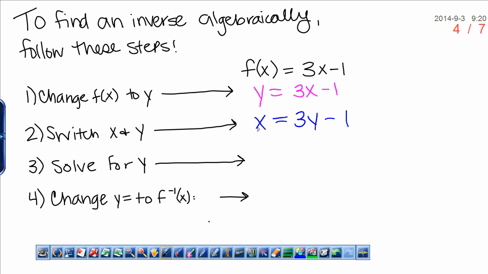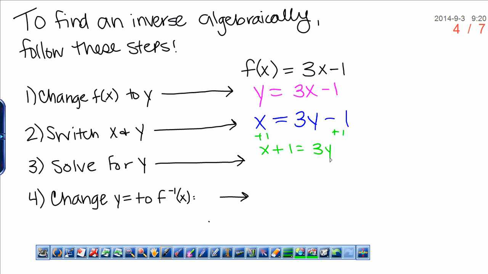Literally just switch their locations. Then you solve for y. You solve to isolate y. So how would I do that here? Right, so add 1 to both sides. So I would get x plus 1 equals 3y.